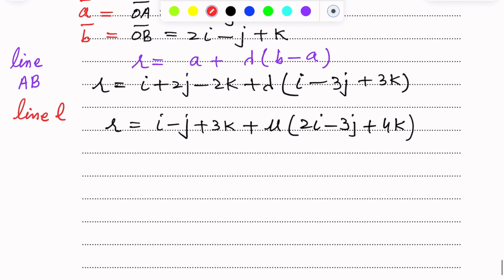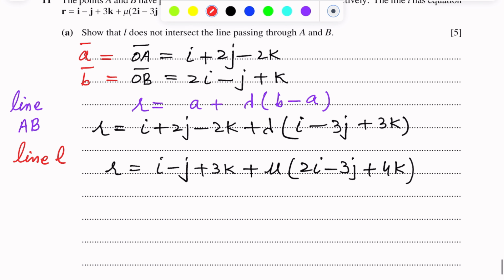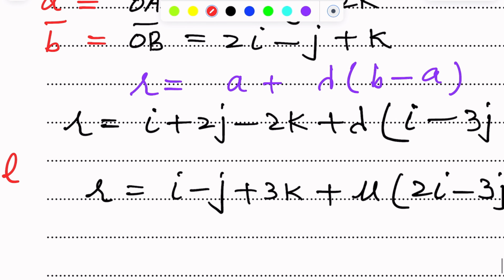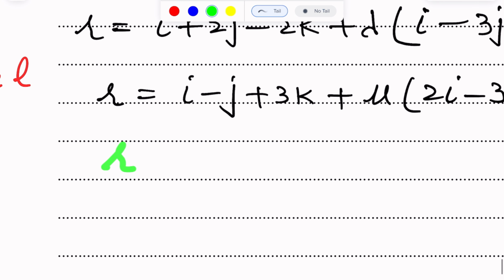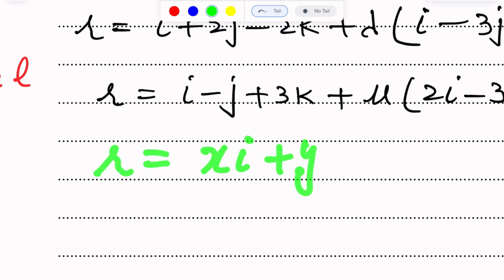General point, we will compare the coefficients of i, j and k. This small r is equal to, small r is the position vector of the general point on the line. r is equal to xi plus yj plus zk.